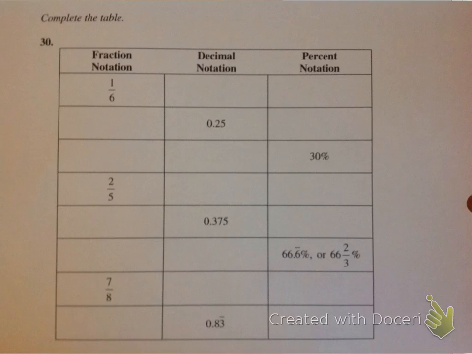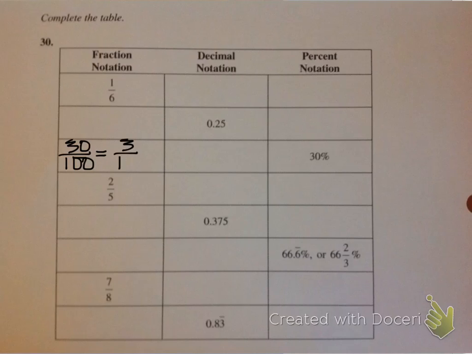So now let's look at some of these, just looking at the relationship between all of them. Which ones do you think are going to be the easiest to do? I'm thinking, look at the percent. So I see that 30%. Remember, that's easy as a fraction. That means 30/100. Now if we simplify that, 30/100, we are going to get 3/10.